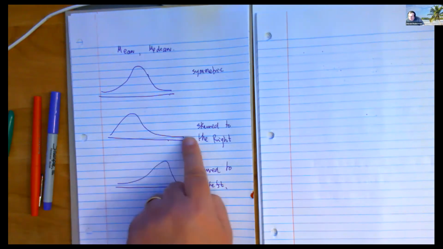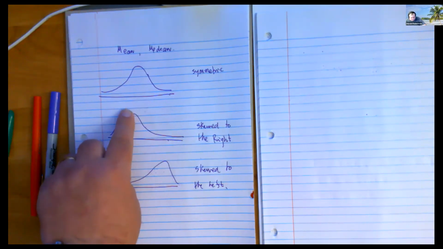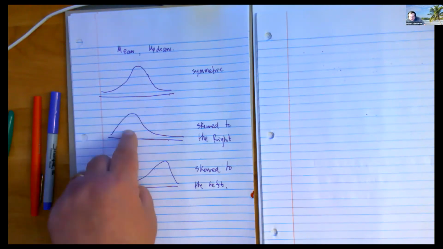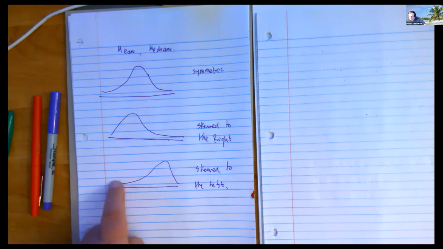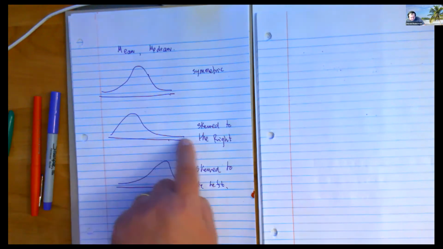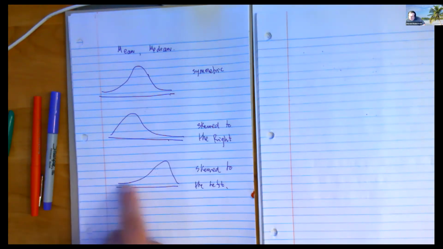The little skinny bit is like the tail. Think of that as the head. Actually, I think that's a name that they use in some textbooks. This is the head of the data and this is the tail. And see the little doggy tail this way? Right hand tail. See the doggy's tail over here? Left hand tail. Right hand tail, skew to the right. Left hand tail, skew to the left.